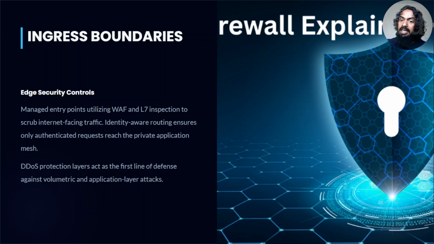Is identity evaluated at the ingress, right? And is WAF actually enforcing rules? I do have a different video about the security control WAF and how it can and cannot be used, so you can refer to that as well. And then we'll also ask, are private apps really private, right? So ingress is your first choke point. So treat it very seriously.